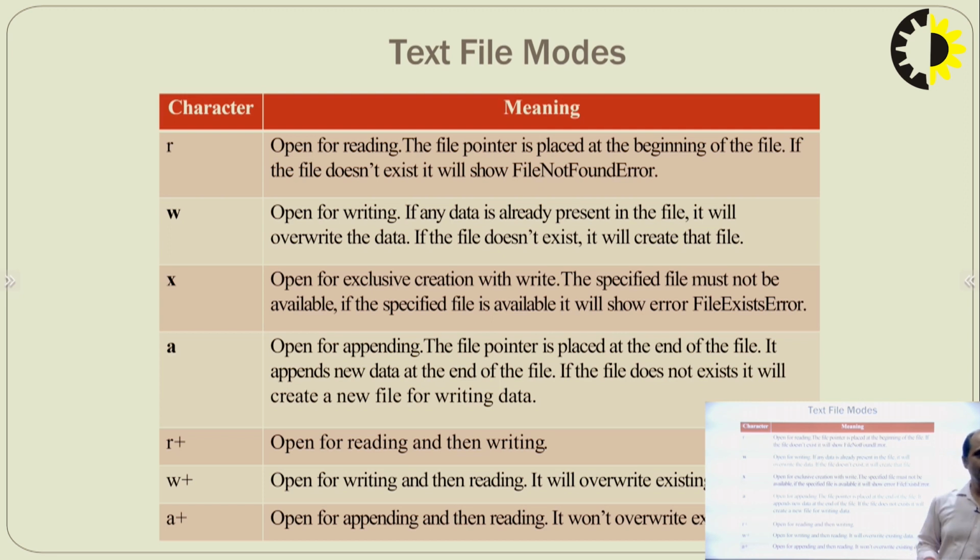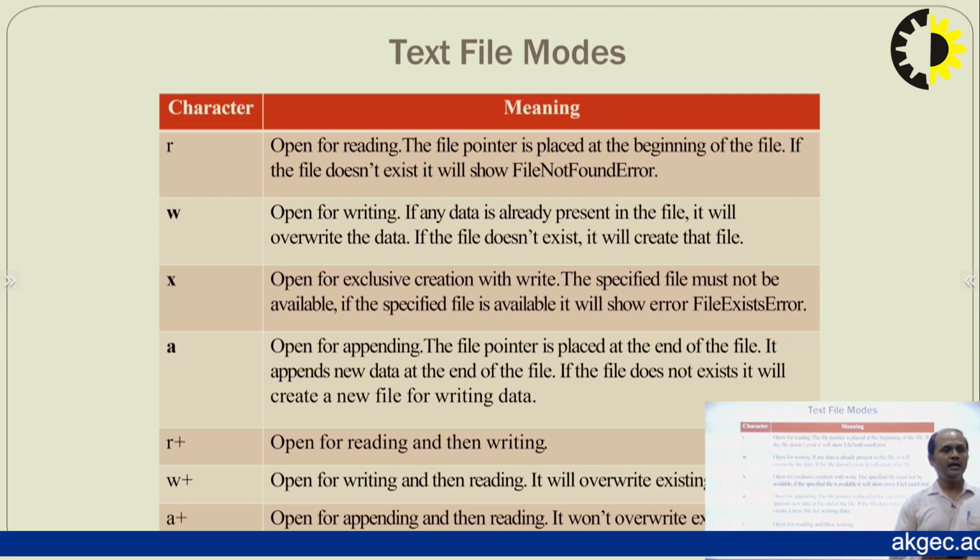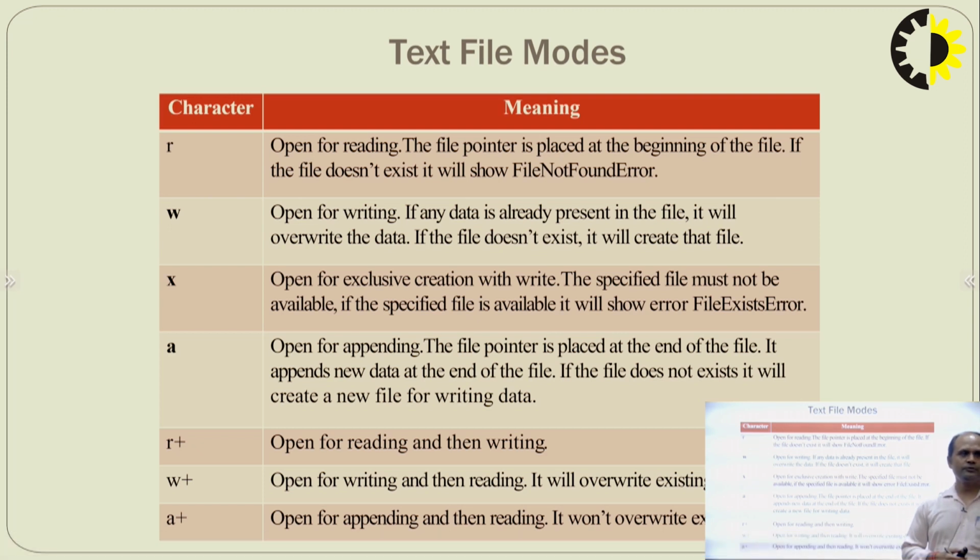We can also use the modes in the form of R plus, W plus and A plus. What do you mean by R plus? R plus means the file is opened for reading and writing facility both. In the previous modes, we can pass one mode at a time: R, either W, either X, or A. But when we want reading and writing purpose, what will be the mode?